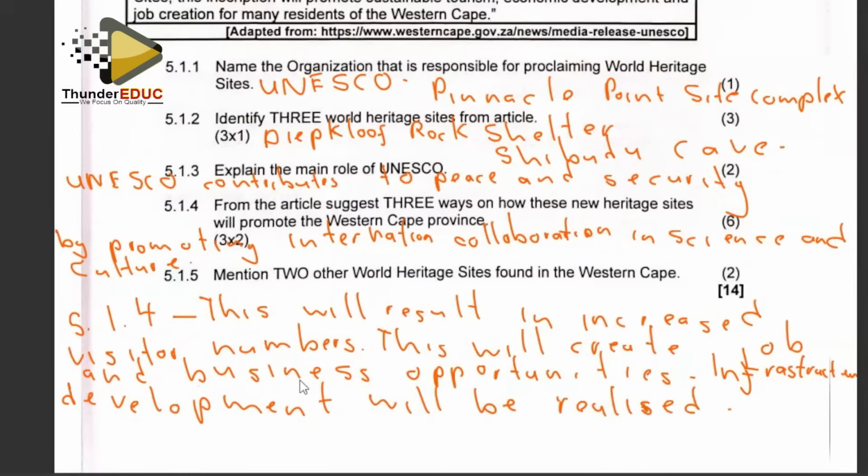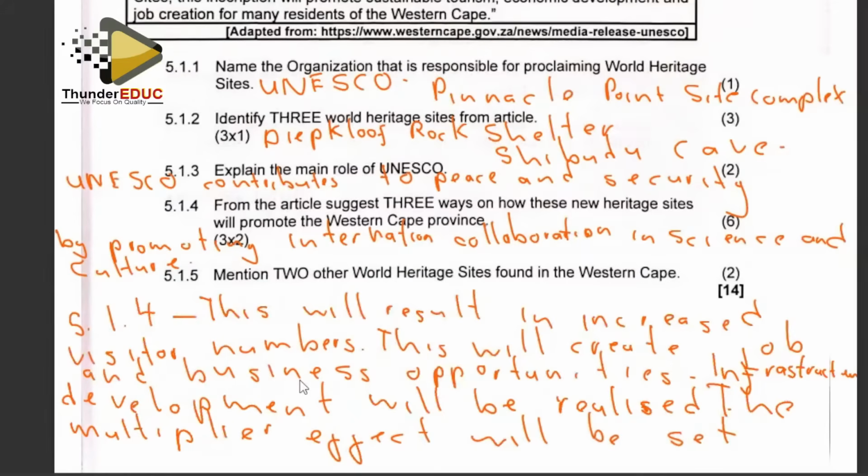Then in addition to that, the multiplier effect, where money generated in tourism flows into other sectors of the economy. The multiplier effect will be set in motion.